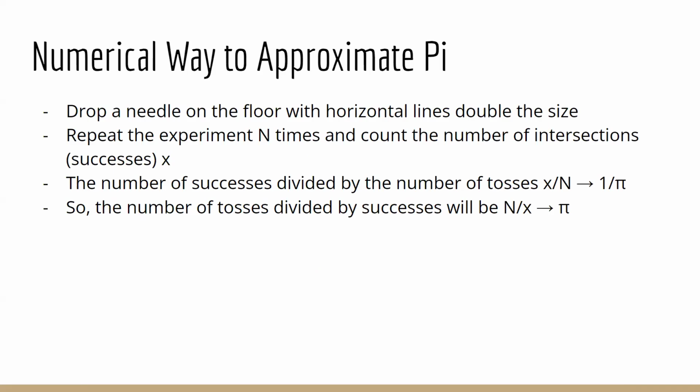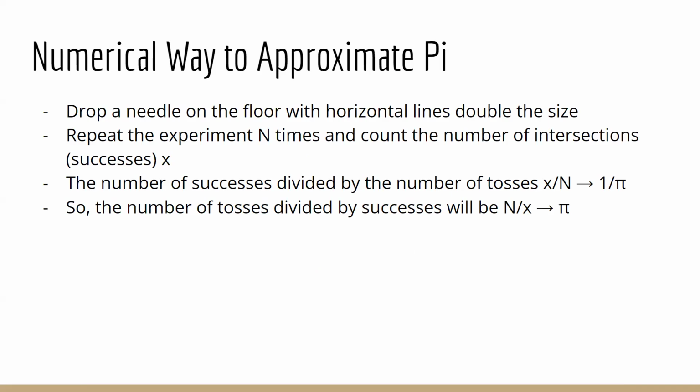If you have hundreds of thousands of hours on your time, you can create this experiment. Put some tape on the ground, space them maybe 4 inches apart, and then grab a 2-inch needle, drop it on the floor a bunch of times, and record your outcomes.